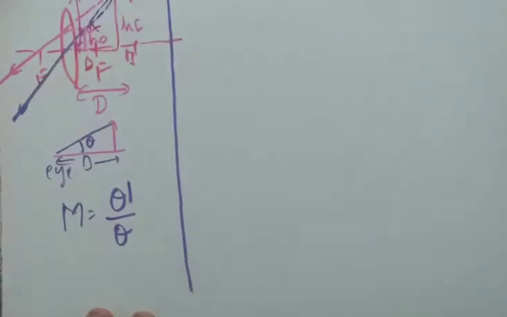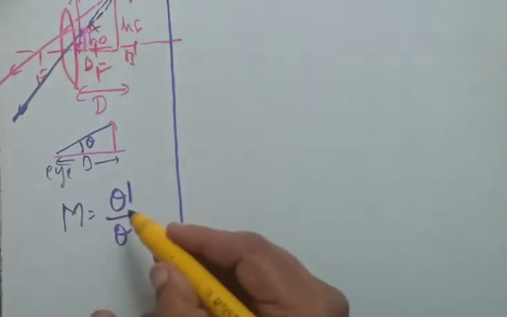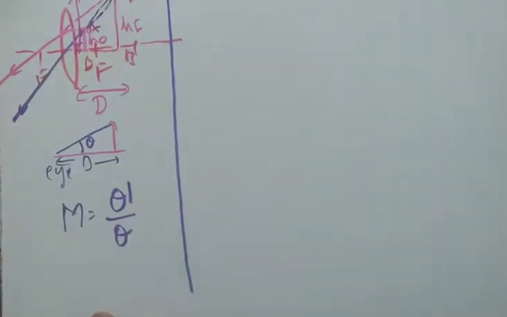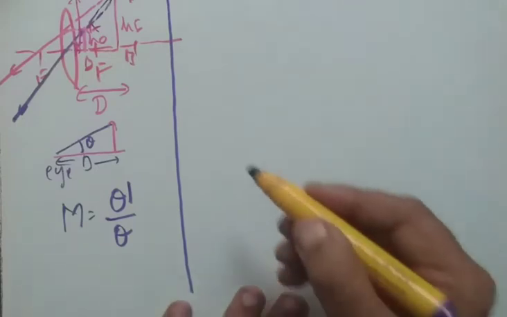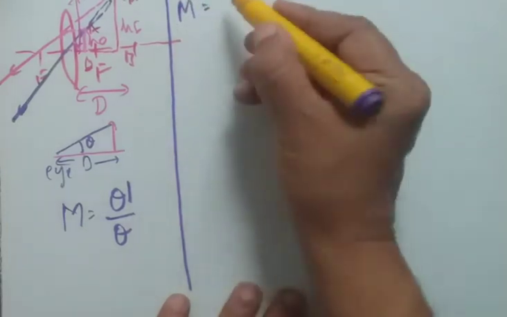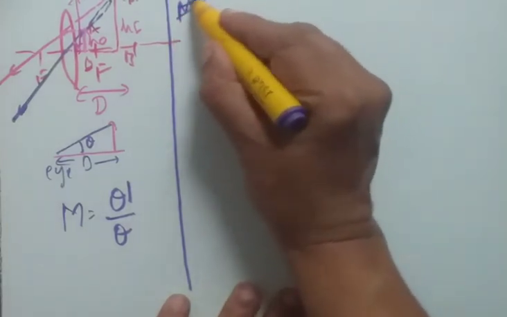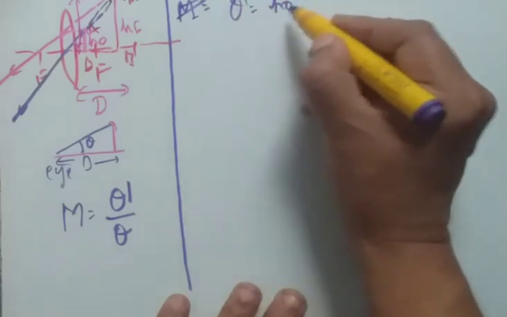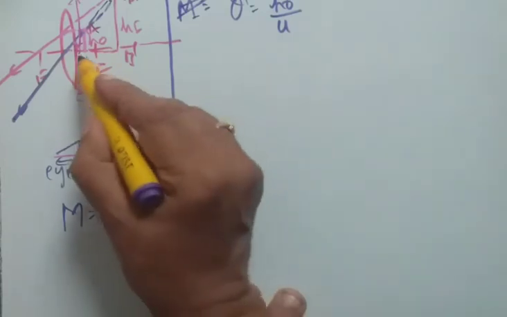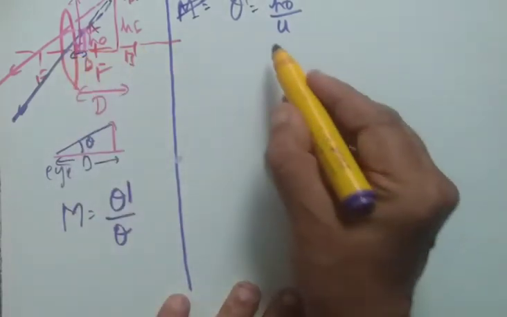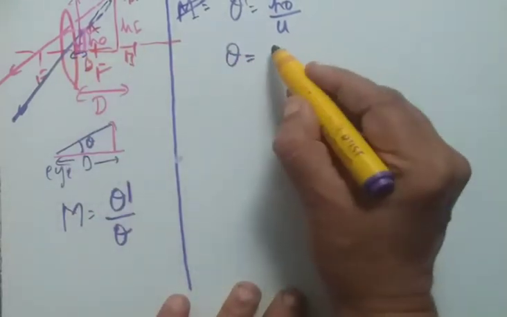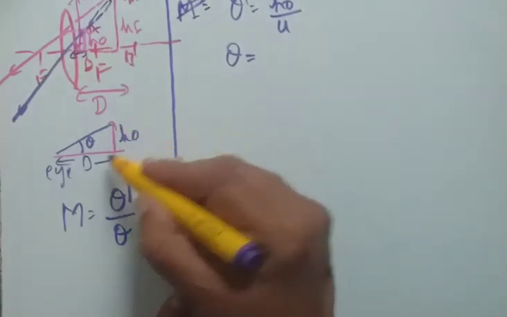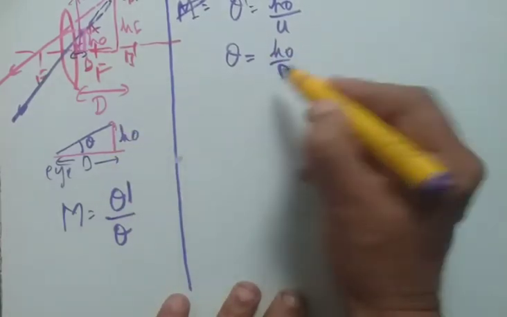Now we write the expression for theta dash and theta. As theta dash is small and theta is also small, we can use tan theta as theta, and thereby we can write M. We first write theta dash as HO by u, where u is the object distance from here to here, and theta is HO by d.